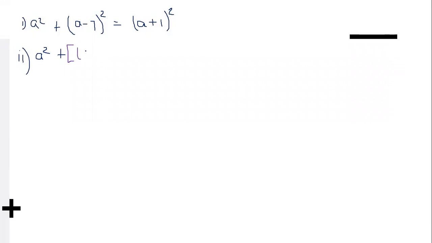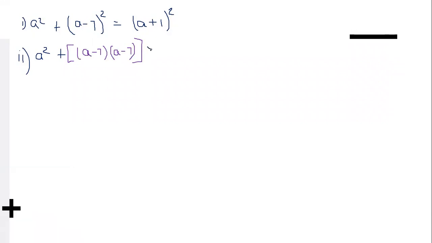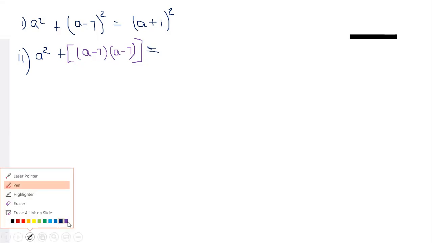So (A minus 7) all squared is the same thing as saying (A minus 7) multiplied by (A minus 7), right? It's multiplying by itself. Cool. That's what that means right there. So I'm going to break things down in a few steps. Then equals, that's my equal sign.